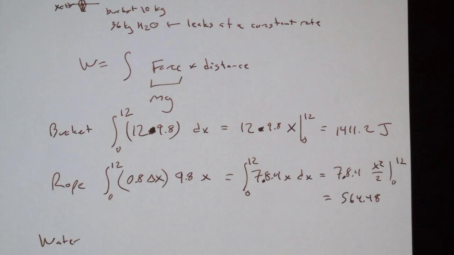The water goes the entire 12 meters, but it changes because the bucket leaks. I have 36 kilograms of water at the bottom. I have no water at the top.